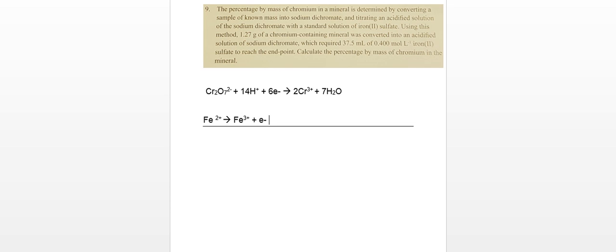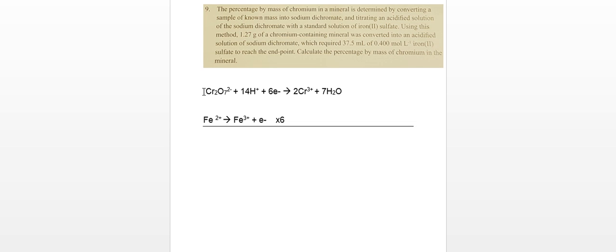We use our techniques of balancing redox equations. We have 6 electrons here and only 1 here. So we need to scale the bottom one by 6 so that we can put together an overall equation which will let us do the stoichiometry on this.